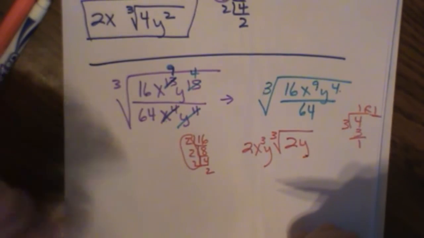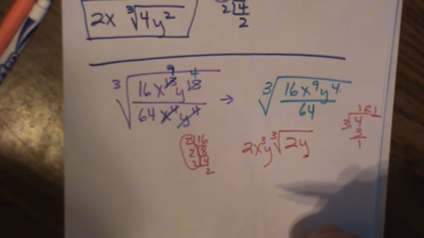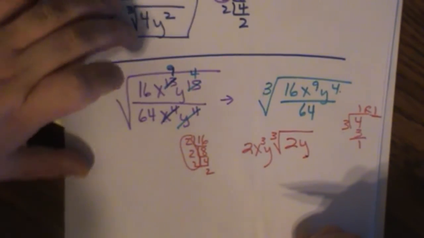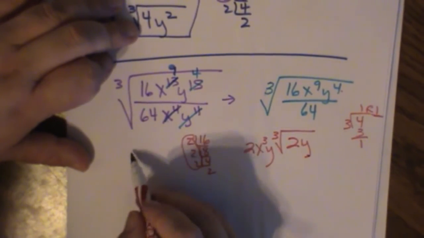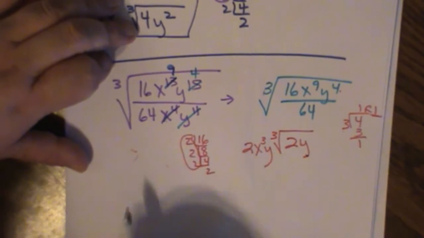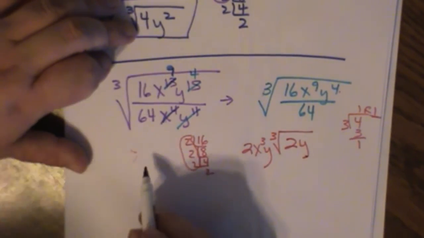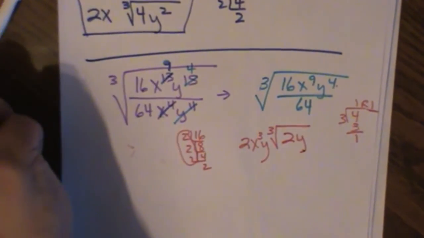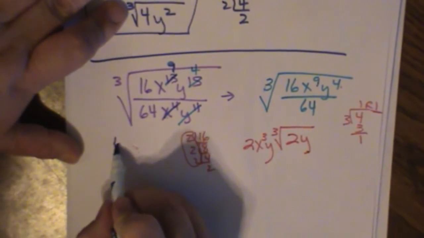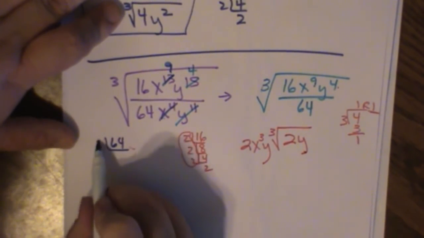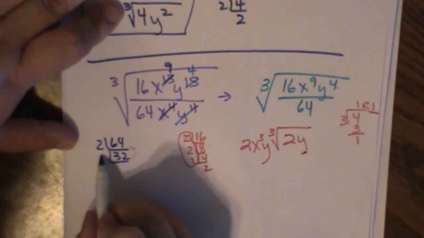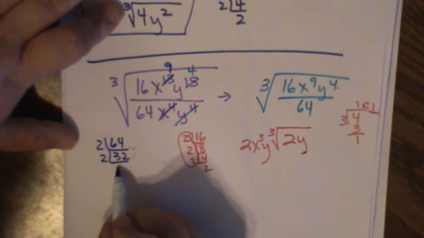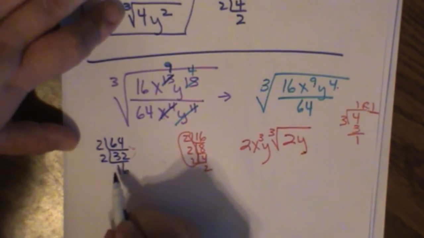And on the bottom, 64. If we take 2 out of it, we get 32. 32 divided by 2 is 16, I believe.